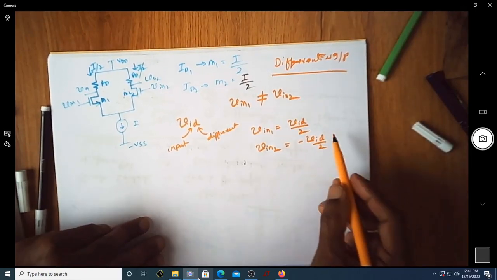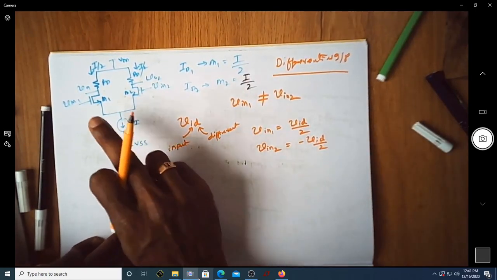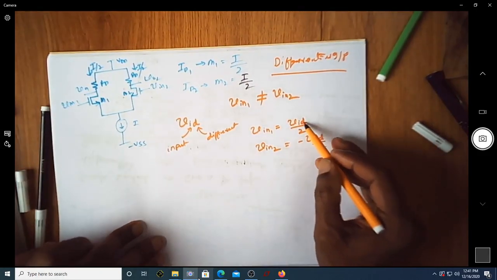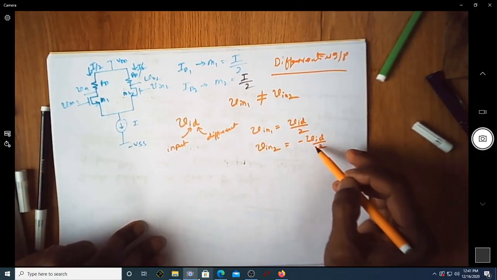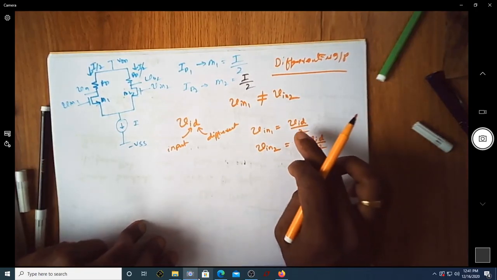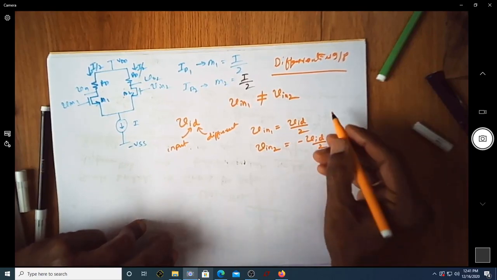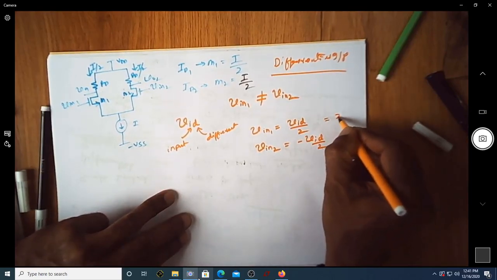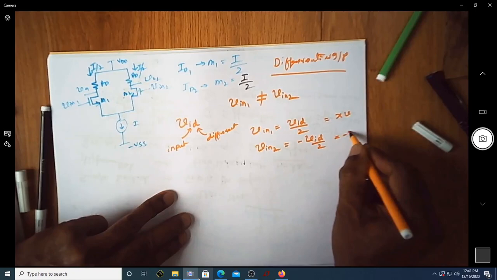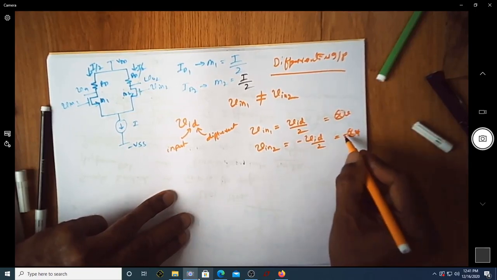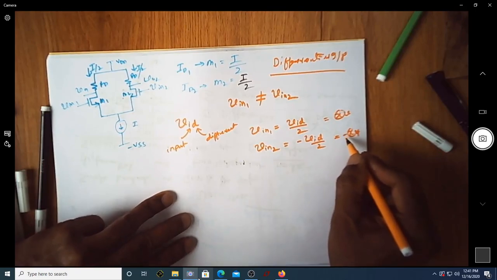You can see we are applying two input voltages, Vin1 and Vin2, which are different. This is VID by 2, this is minus VID by 2. The magnitudes of both input voltages are the same. Assume this is some X volts and this is minus X volts. The magnitude X remains constant, but this one is negative, out of phase.